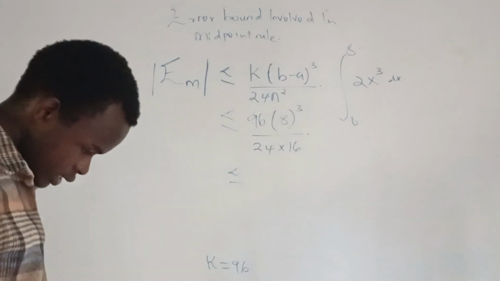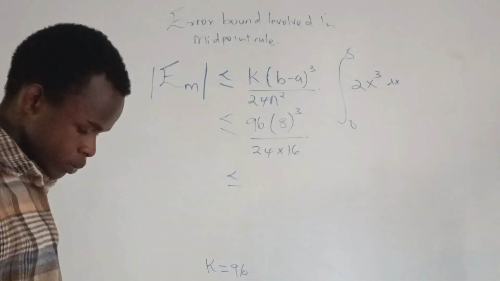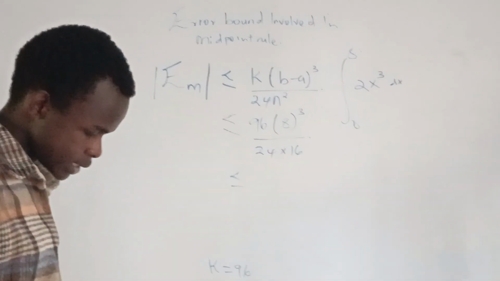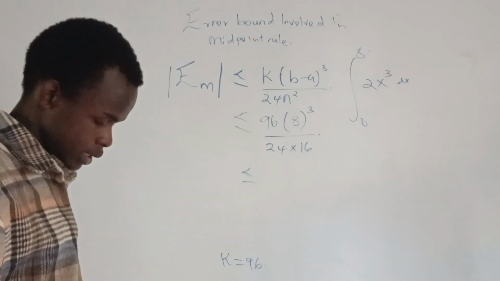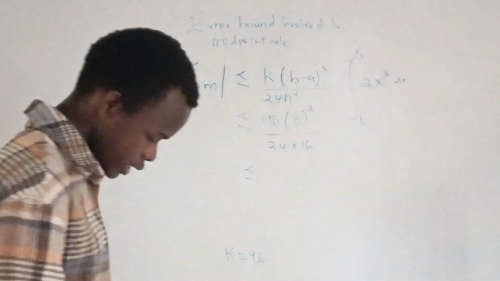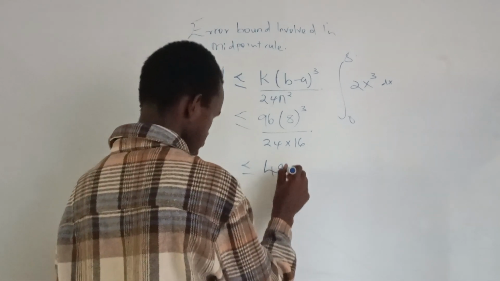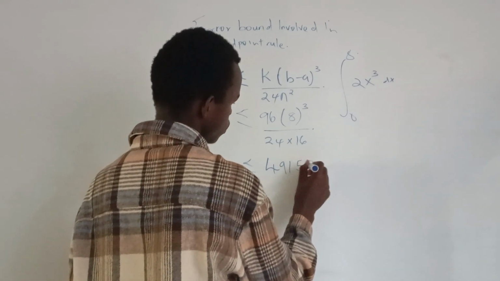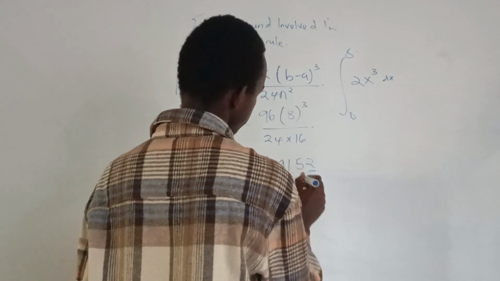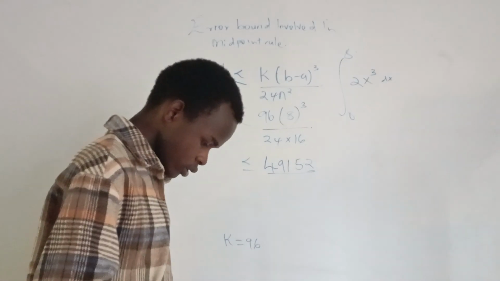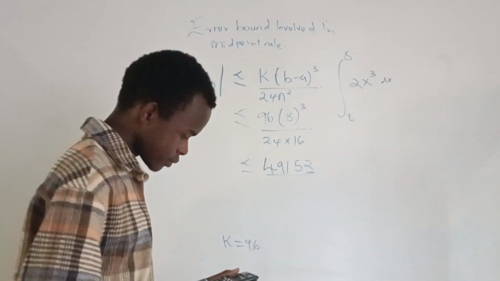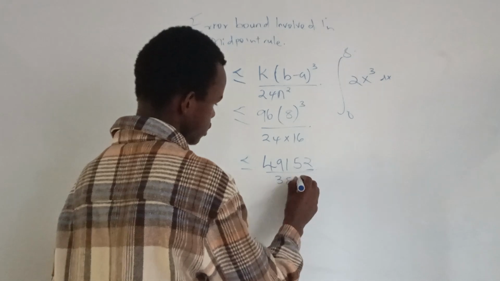Let me compute that. 8 cubed multiplied by 96 gives 49,152, divided by 24 times 16, which is 384.